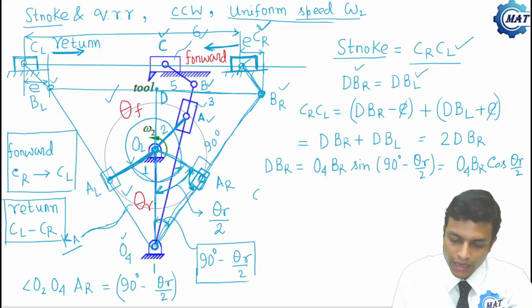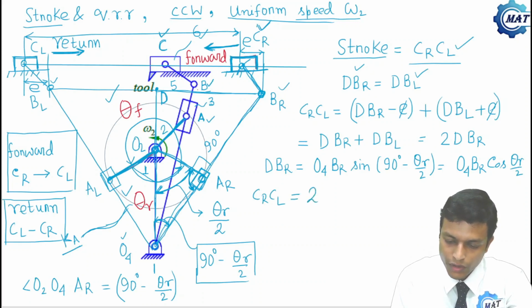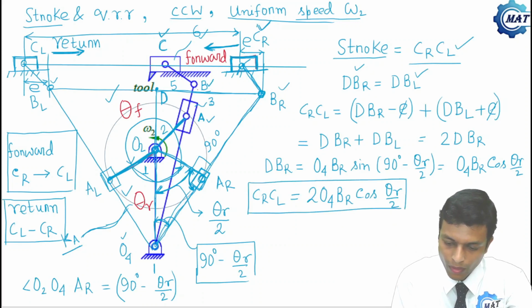So CRCL, that is the stroke of the mechanism, is 2 into O4 BR cos of theta R by 2. So this is the expression of the stroke.